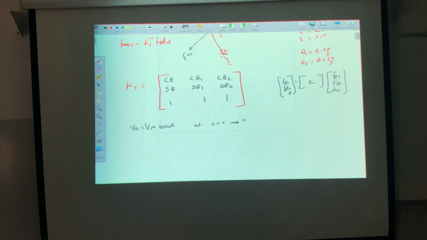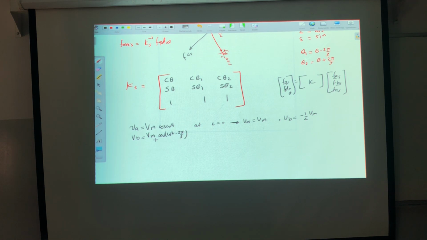So from here, VA is equal to what? VM. VB will equal to what? Minus 1 over 2. It will be cosine of minus 120, so it will be minus 1 over 2 VM. You know that, because VB will equal to VM cosine omega t minus 2 pi over 3 at t equals 0.